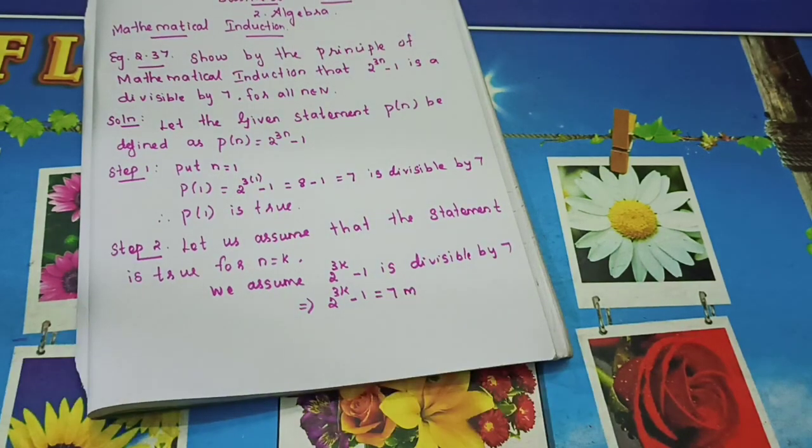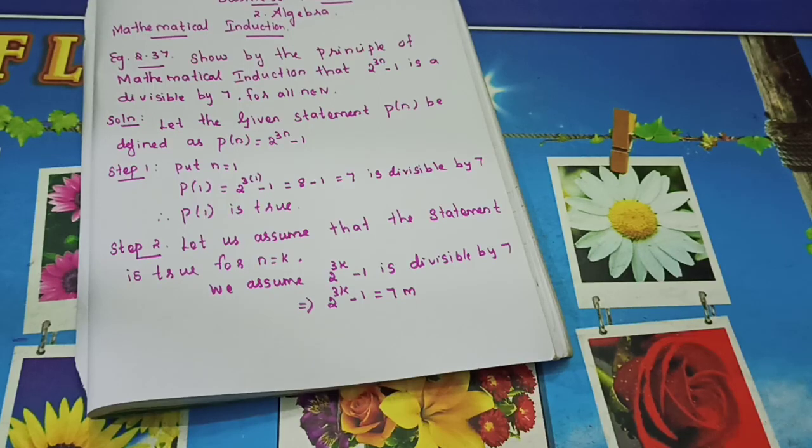The thing is, 7 into any number. If m is 1, 7 into 1 is also divisible by 7. 7 into 2 means 14, also divisible by 7. 7 into 3 is also divisible by 7. So 7 into whatever the number may be is divisible by 7.